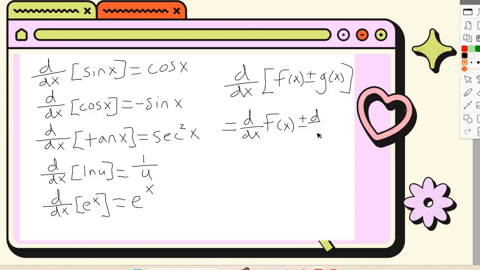Now, that does not work for multiplication and division, which is why they get their own rules. Again, we'll look at those on Thursday. But for everything else, we can just add and subtract derivatives. So that part's easy. That might be something you want to put on the reminders, or even on the backside if you wanted to put that down somewhere.